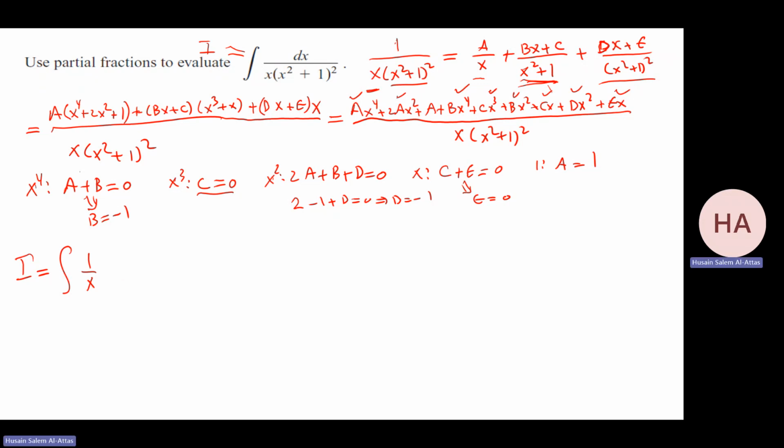And c is 0. So that will be minus x over x squared plus 1. Nice. A is 0 and d is -1. Minus x over this. All of this dx. This is correct. Did I make a mistake?